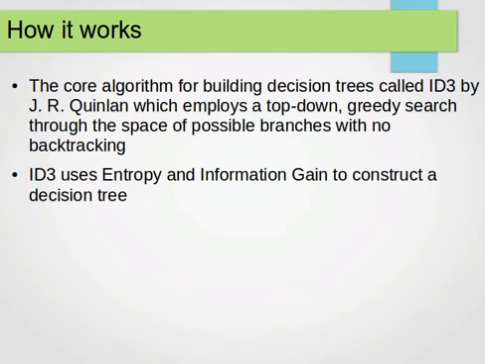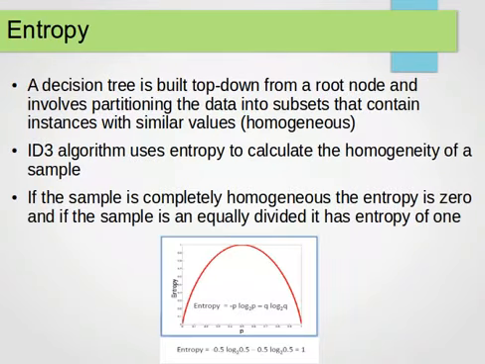Entropy comes from decision theory. In case you're not familiar with it, entropy is a measure of uncertainty, and its value is computed, for example, for 2 or maybe 3 classes or categories.